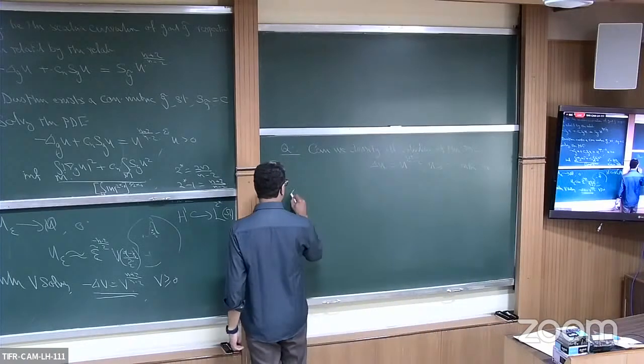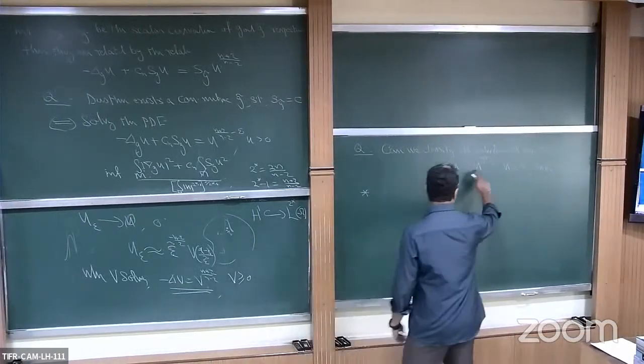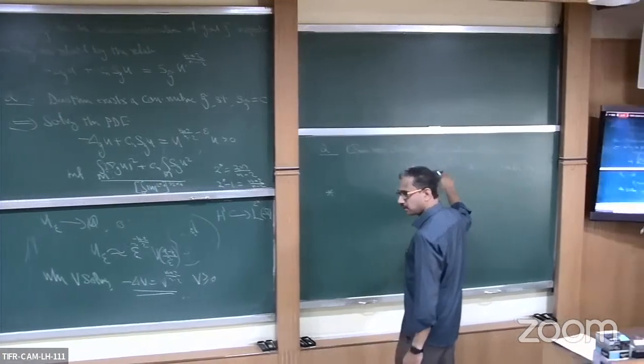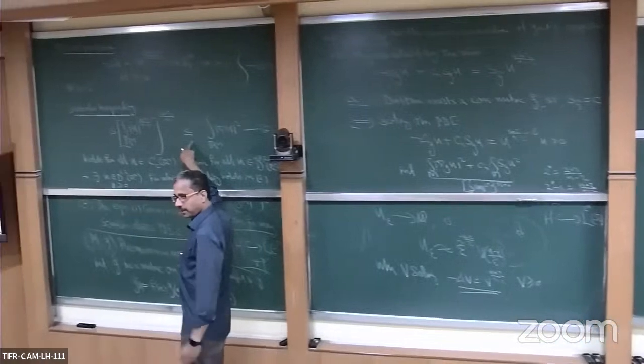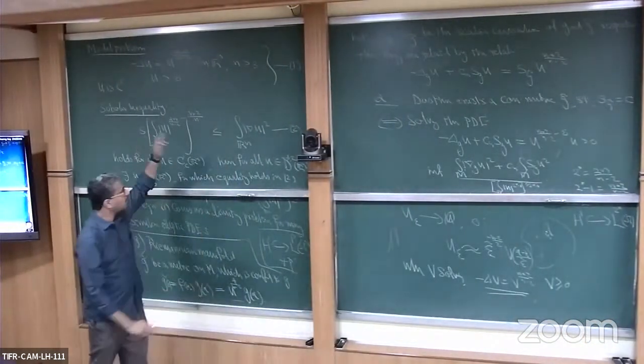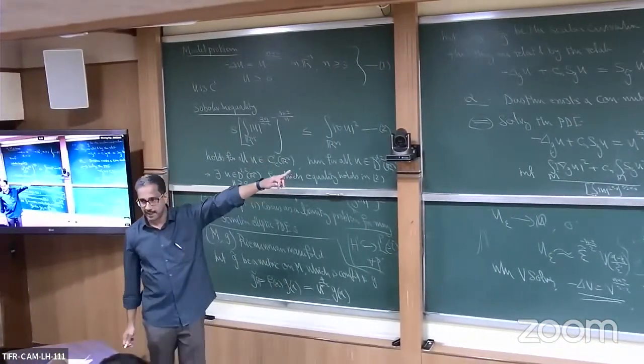For example, one way of getting solutions of this equation is as the extremals of the Sobolev inequality. If u is an extremal of the Sobolev inequality, it solves that PDE.